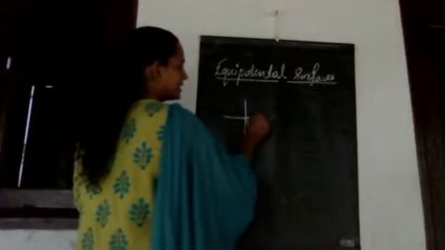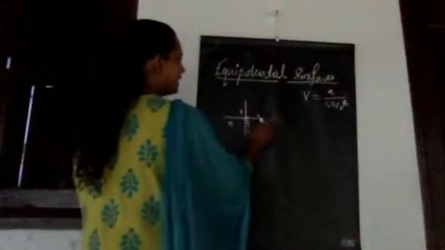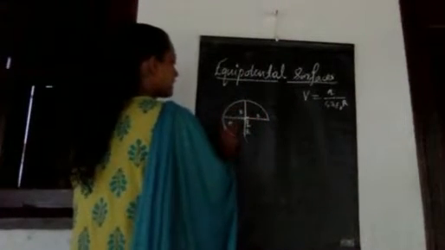At distance r from this charge in all directions, everywhere the potential remains constant because V depends only on r. V is equal to 1 by 4 pi epsilon 0 Q by r. Therefore, at distance r, the potential remains constant.